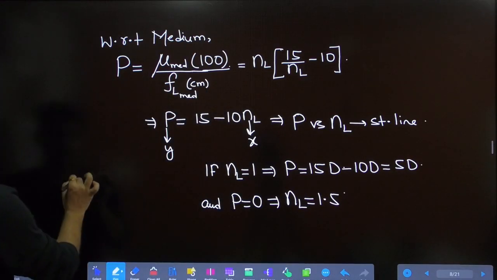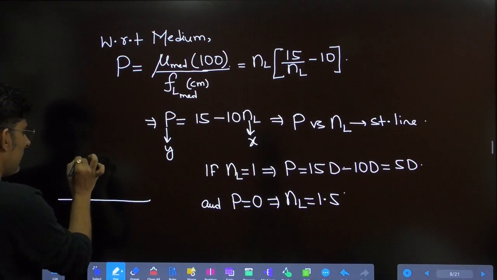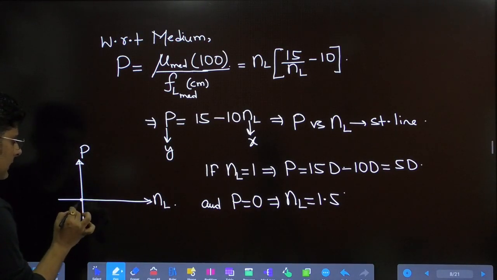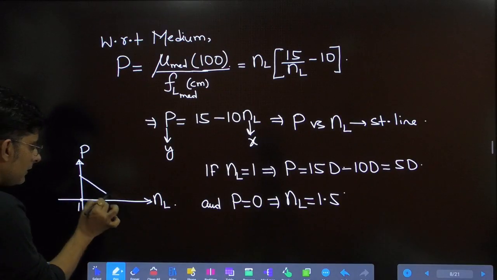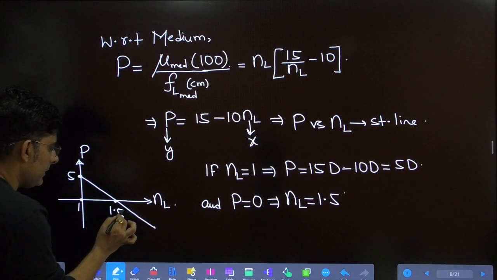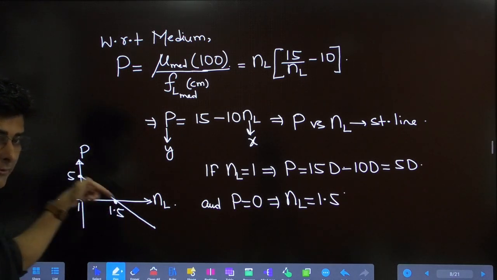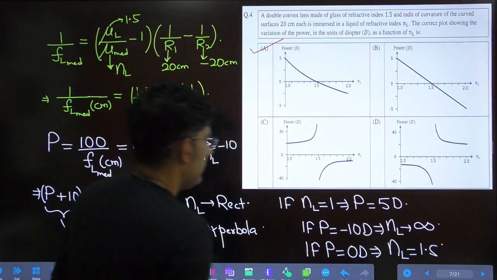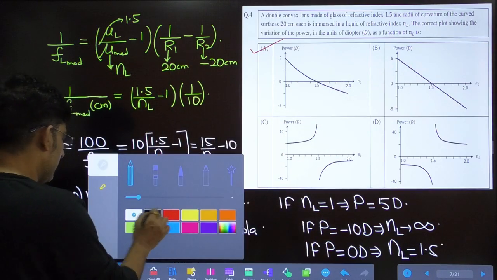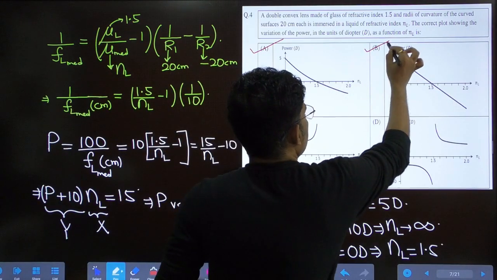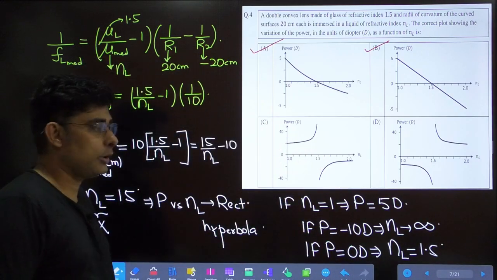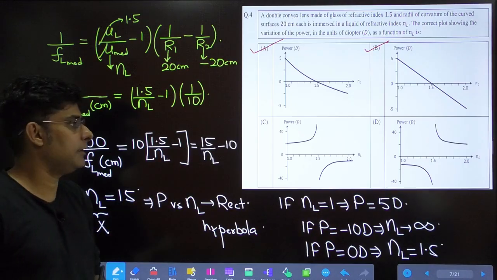So we have a decreasing straight line graph P versus NL. So you can see when NL is 1, then P is 5, and when NL is 1.5, P becomes 0. So another possible graph is this one. Do we have this? See, yes, we have the option B. So as I said earlier, both option A and B will be the correct one for this particular question. I hope this is clear to all of you. So we'll move towards the next question.